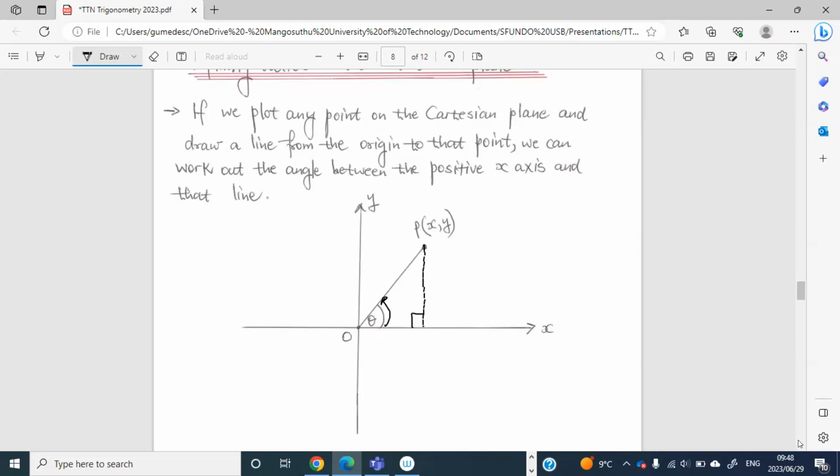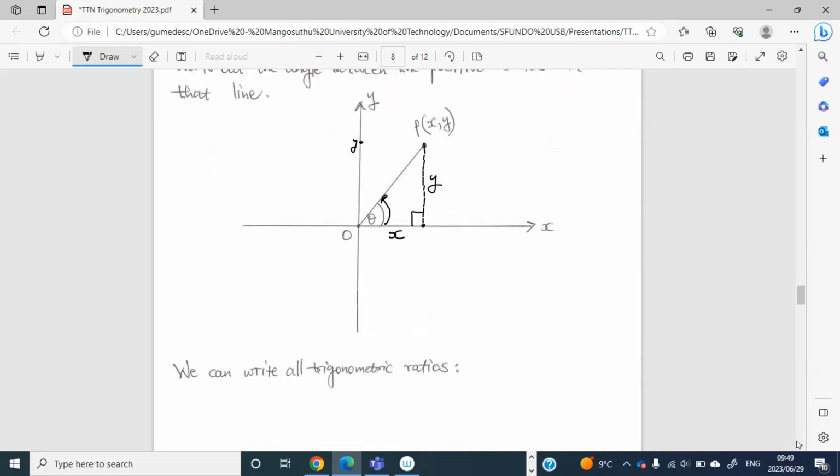If this point is (x, y), the x value for this point is x, so the length from here to this point we call x. This side would be x. And the length from here upwards is y, because the y coordinate is y. So it's y here.